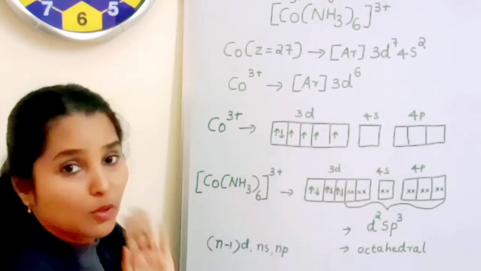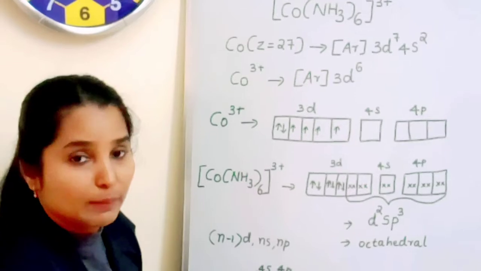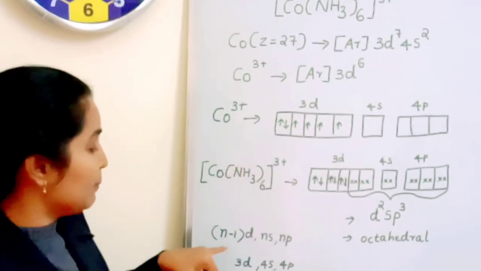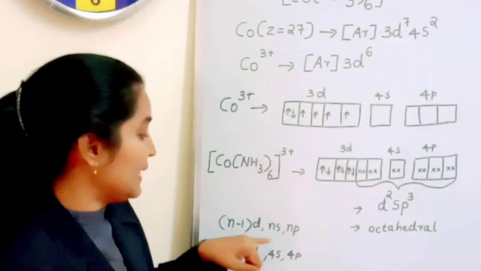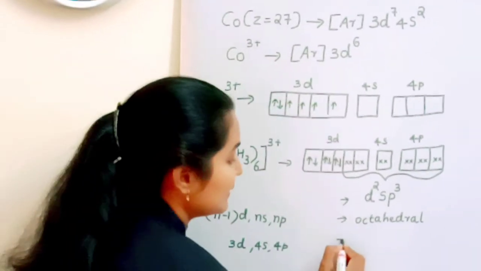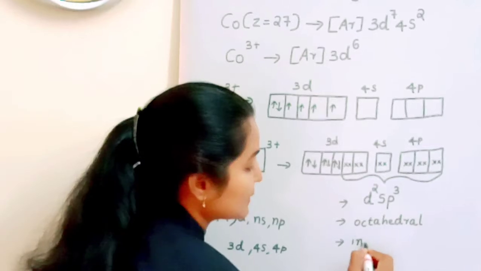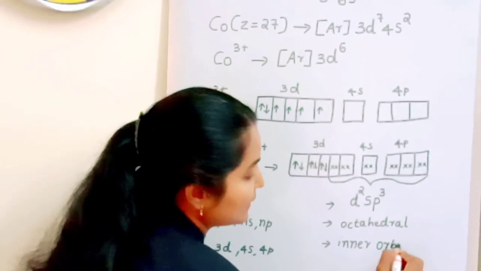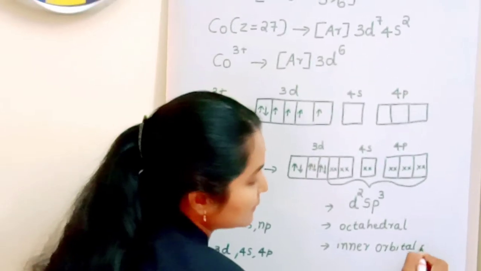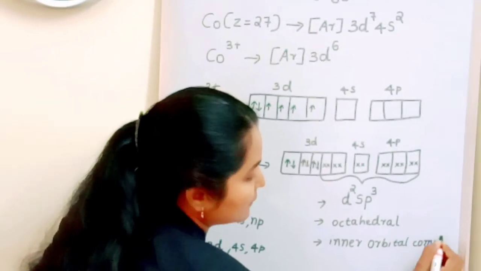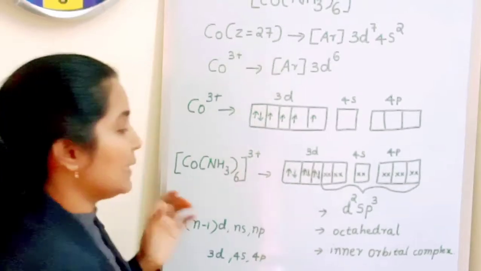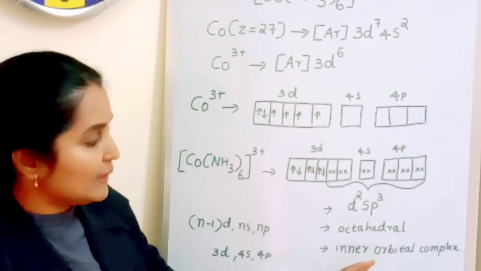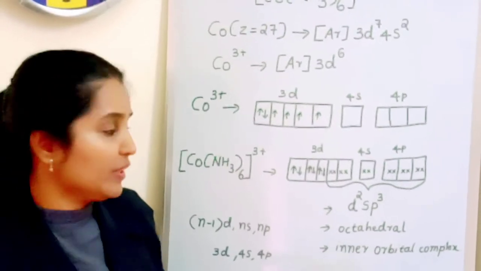These are the orbitals involved in hybridization, in the form of (n-1)d ns np. So it is an inner orbital complex. This compound is an inner orbital complex, and all these electrons are paired up. It is an inner orbital complex or low spin complex, anyway you can say.